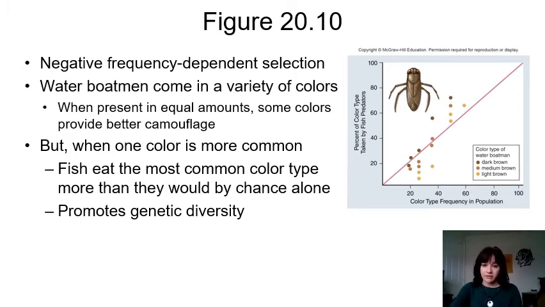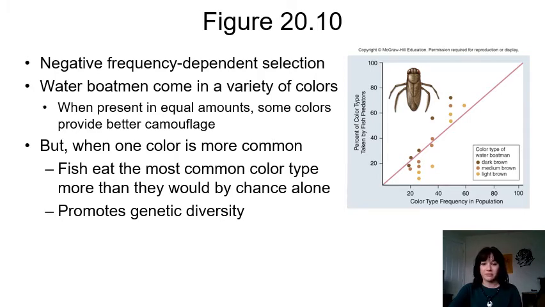On the y-axis, we have percent of color type taken by fish predators. And on the x-axis, we have color type frequency in population. So if we have, for example, a high percentage of, let's look at this example, light brown bugs, they are going to be highly likely to be taken by predators.